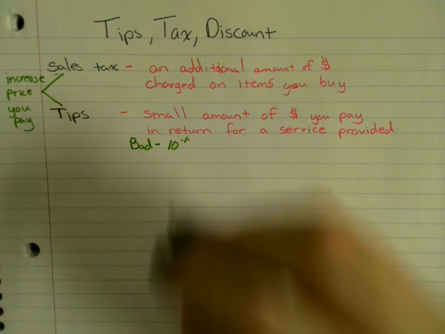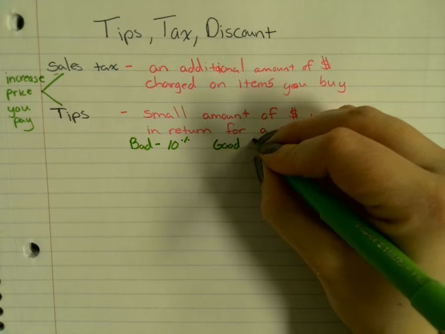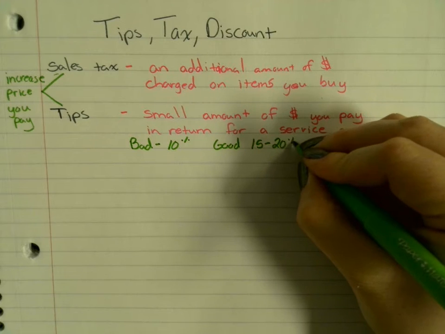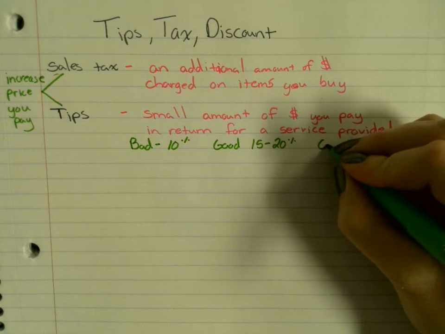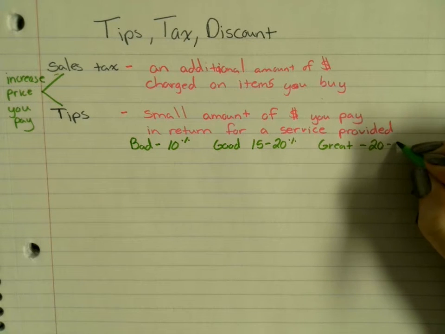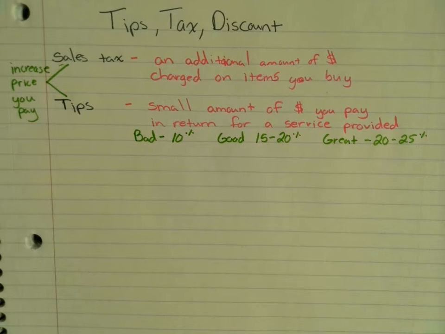Okay? If you've got some good service, you can do anywhere between 15 to 18 or 15 to 20%. And if you've got great service, you should do anywhere between 20 to 25%. If you want to go higher than that, you're more than welcome to. Okay?